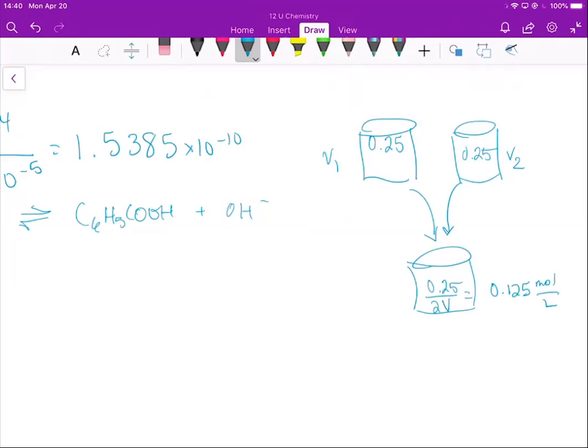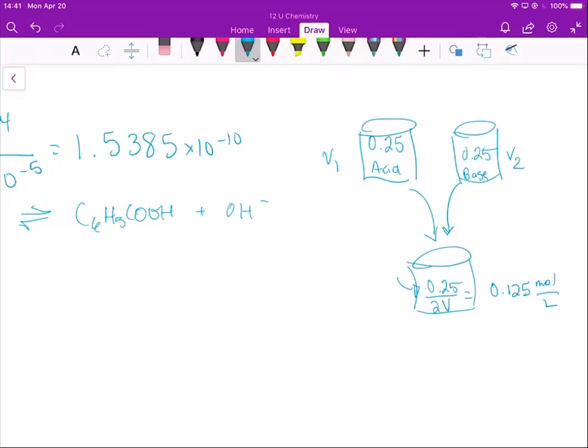Okay, so again, if this is the acid, and it's a 1-to-1 neutralization, acid with the base, so you know down here that this, what would it be, sodium benzoate, that is going to be 0.25 mole per liter, but in twice the amount of volume.